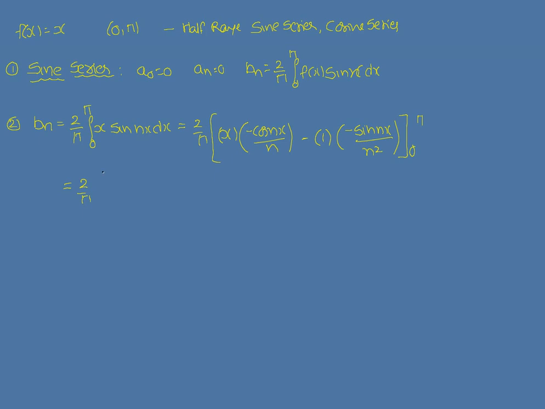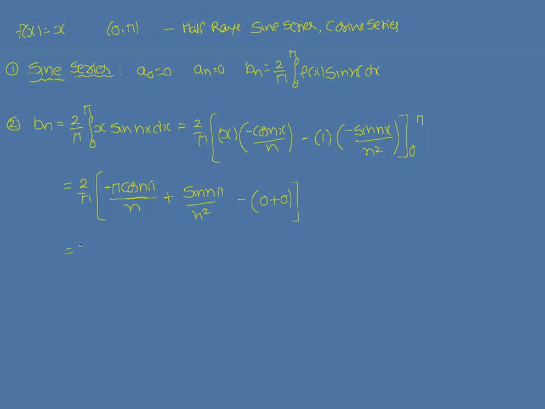So that is equal to 2 by pi into minus pi cos n pi by n, minus into minus plus sin n pi by n square. If you substitute in sin nx, this term also becomes 0.